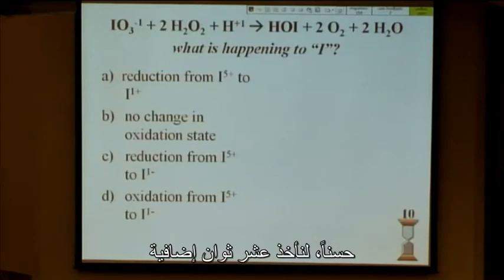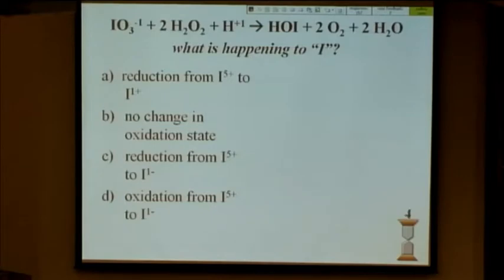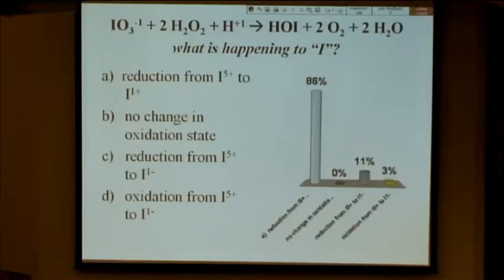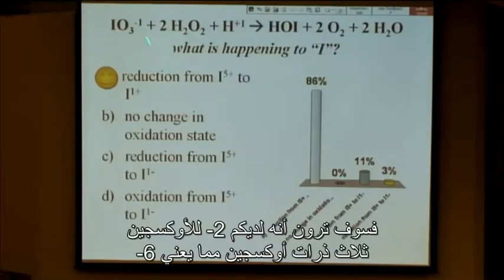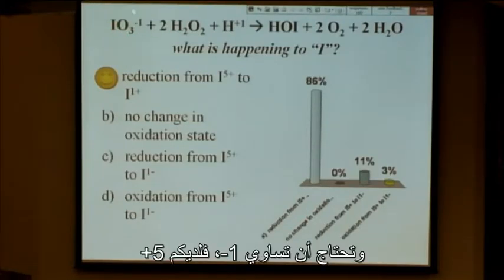All right, let's just take 10 more seconds. Very good. If you looked up here, you see that you have -2 for the oxygen, 3 of them, so -6, and it needs to equal -1, so you have +5.